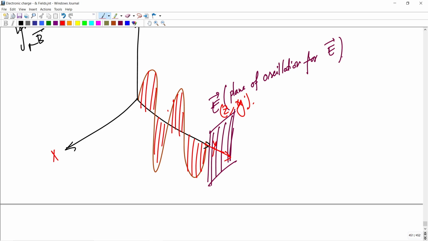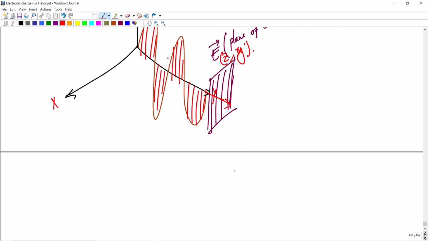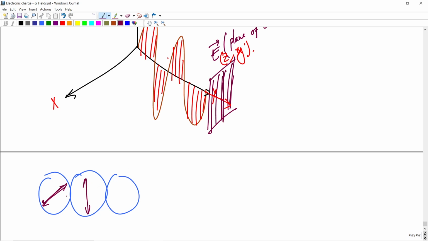But in an atom, of an EM wave, they do not vibrate in one direction; they vibrate with many possibilities. Suppose in this direction, but this direction is also possible, and any other direction is also possible.